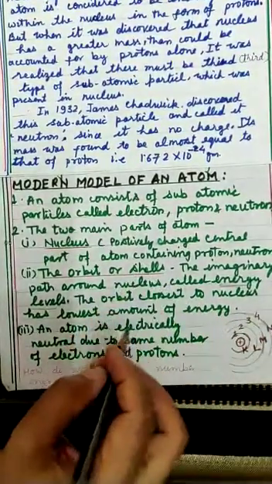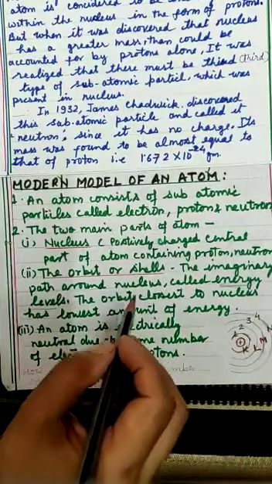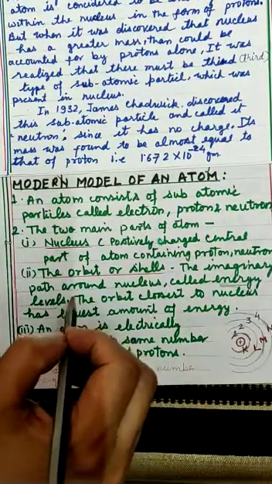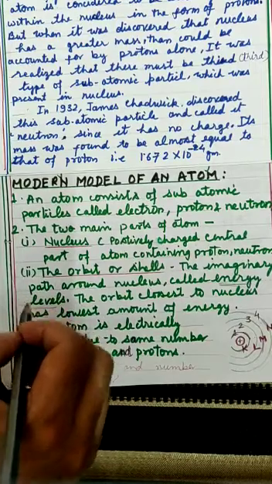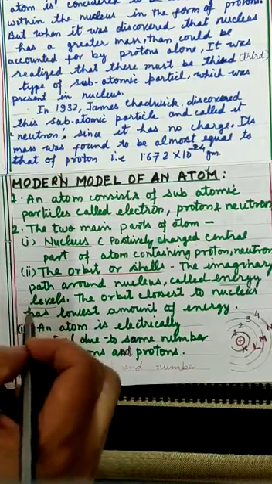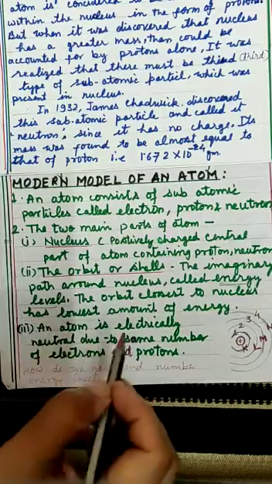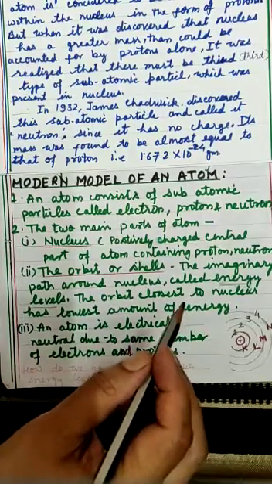The orbit closest to the nucleus has the least amount of energy, whereas the orbit farthest has the highest amount of energy.